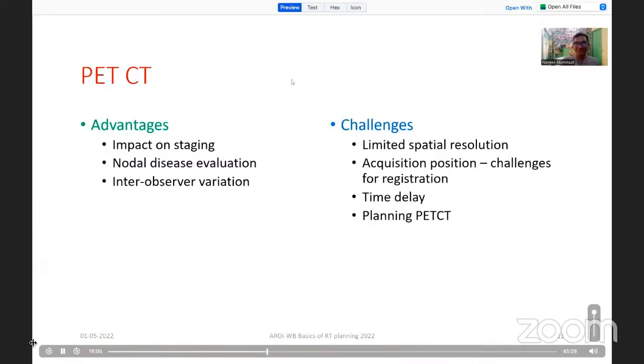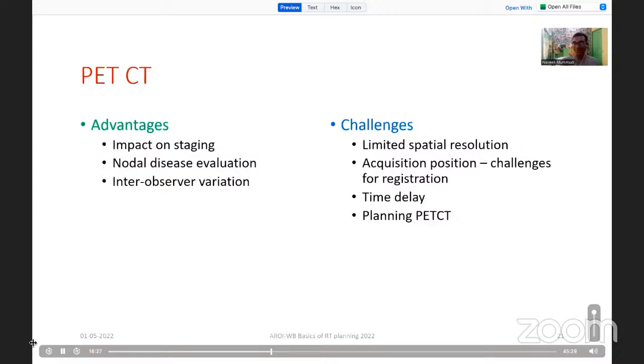But there are certain challenges with PET-CT based planning. What you need to remember is that there is a limited spatial resolution of the PET component compared to the CT component. And the acquisition position in most PET-CT scans is that the hands are placed above, which is a standard protocol.